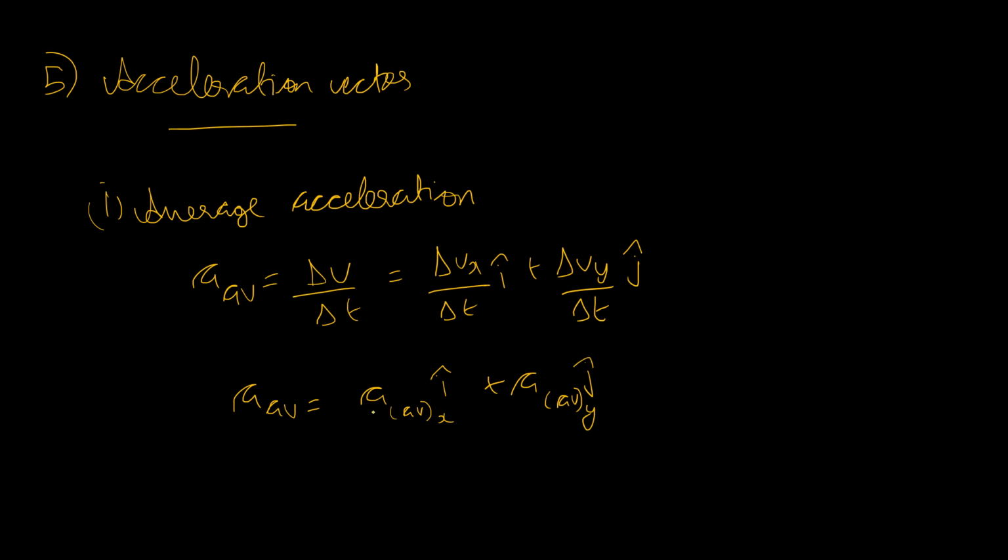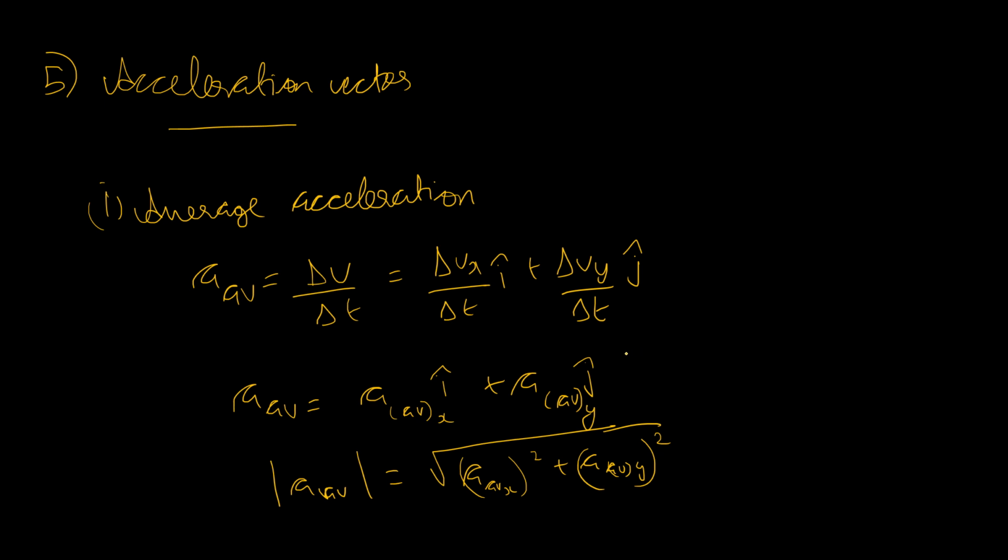The magnitude of average acceleration is given by mod a_av, which is root of a_av x the whole square plus a_av y the whole square.